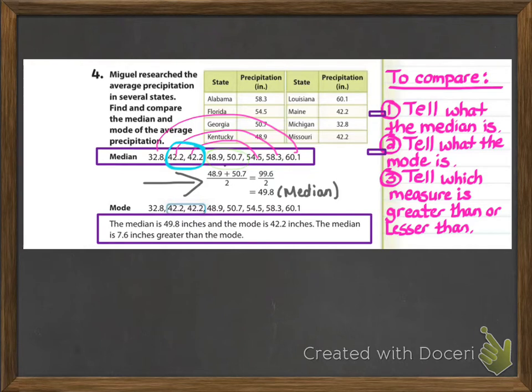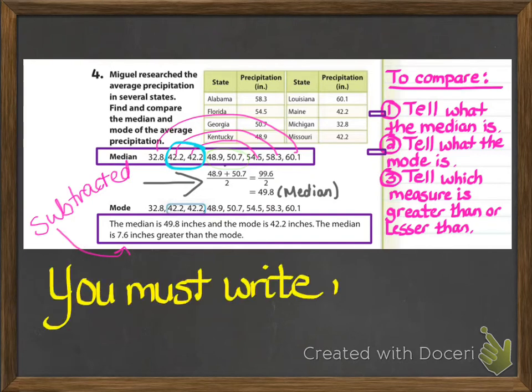In order to find the difference here, they actually subtracted to find these numbers. So go ahead and put that note in here that what they did is they subtracted to find how much bigger the median was than the mode. So when you're comparing these, you have to tell me how much greater than or less than it is. And when you're doing this, you guys, you must write in complete sentences.